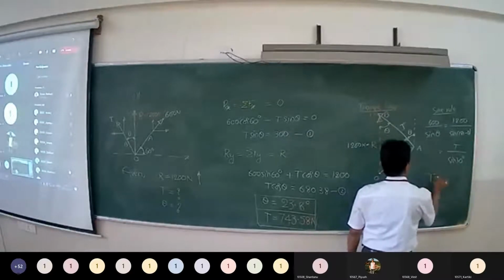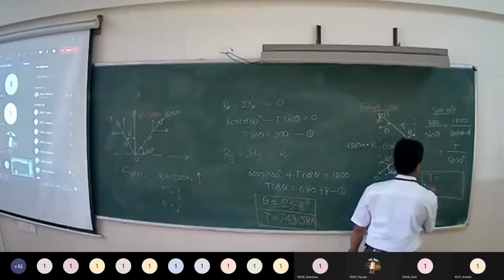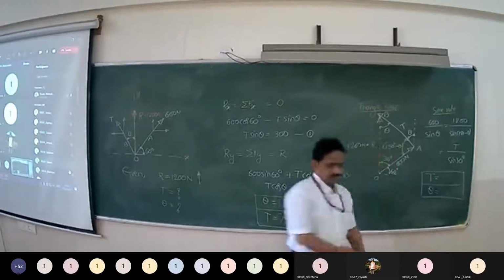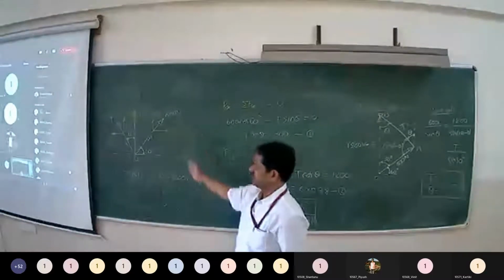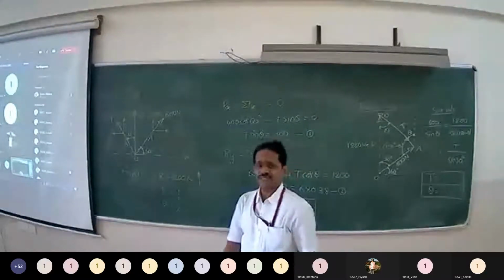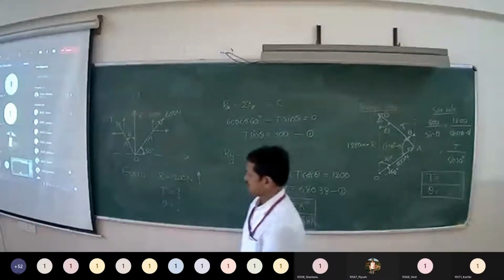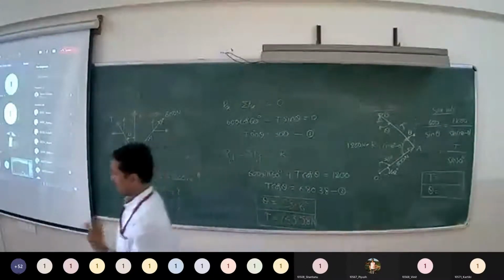So solving this, you can have T and theta. You can also use the parallelogram law of forces, but that will be complicated. So you can use any method which suits the given example.